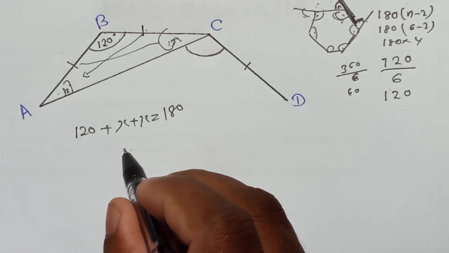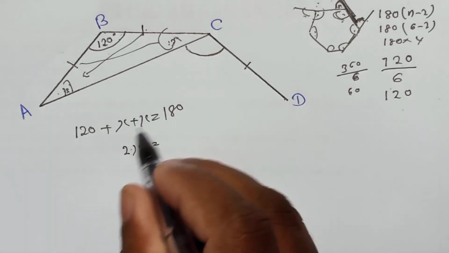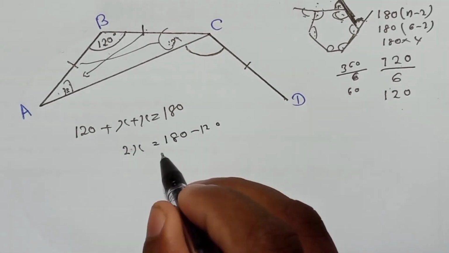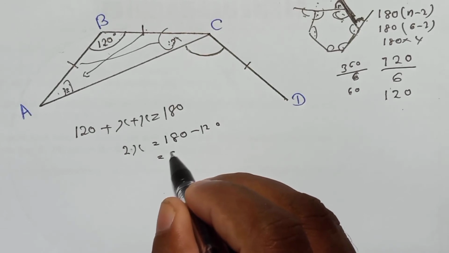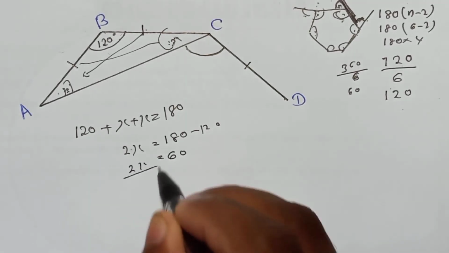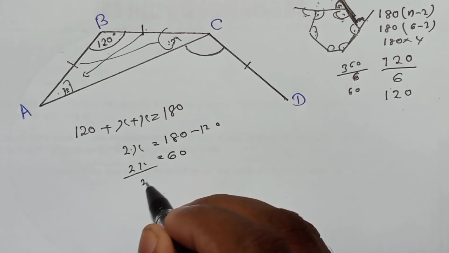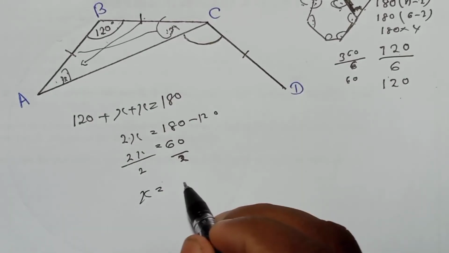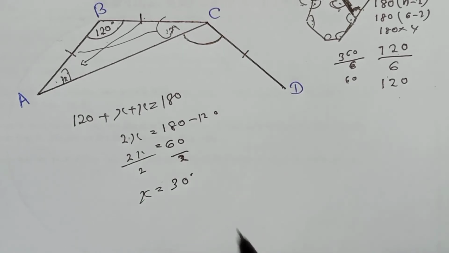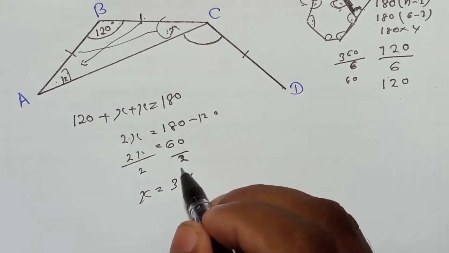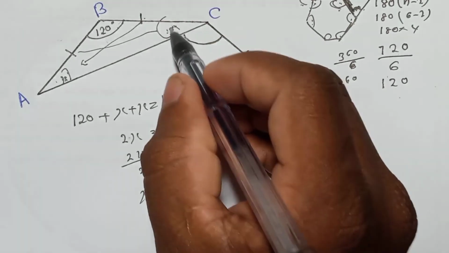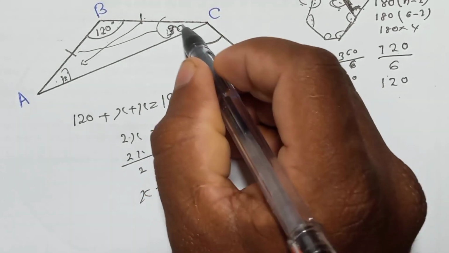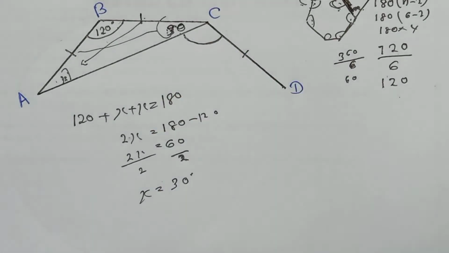So 2x equals 180 minus 120, which is 60. Divide both sides by 2, then x equals 30. So this angle is 30 and this angle is 30. I will replace x with 30.